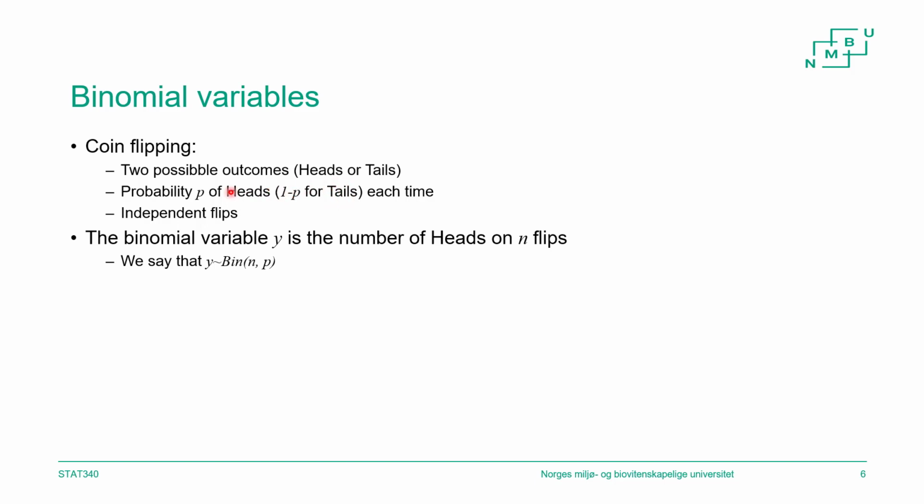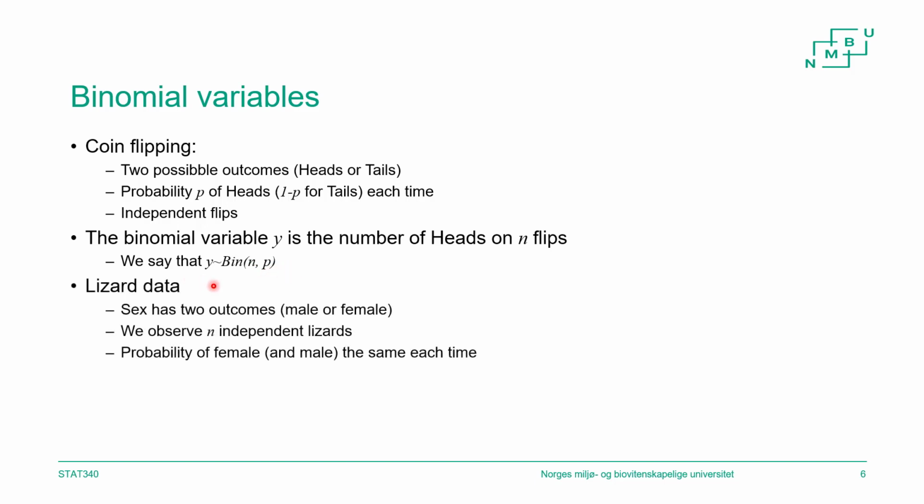It's just that you have to select one of them as your target class. So the binomial variable is simply the number of heads from n such coin flips. And then we say that y, if that's the variable, is binomial with n and p as parameters. N is the number of coin flips, it's an integer. P is the probability of head each time.